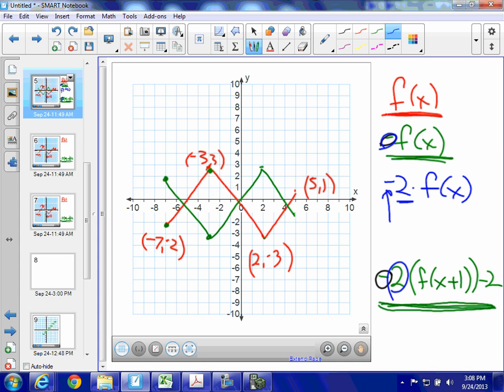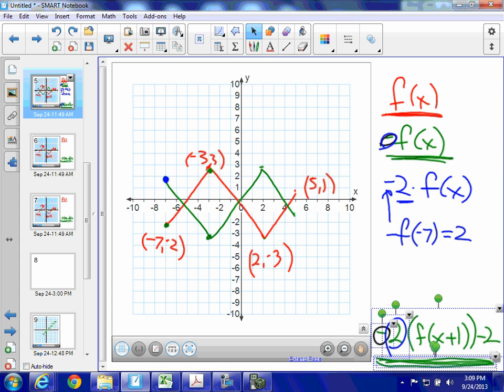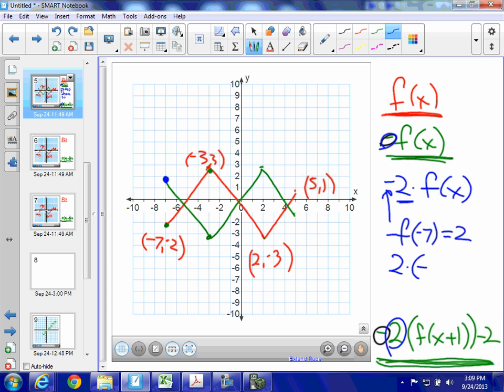So let's take our point, negative 7, right here, negative f of negative 7 is equal to positive 2. Then 2 times negative f of negative 7 is going to be 2 times 2, which is 4.